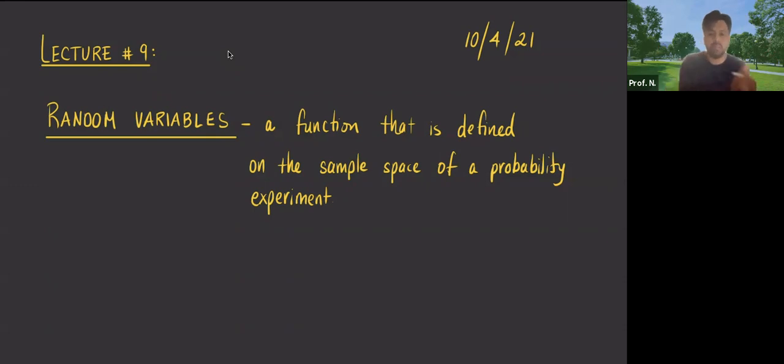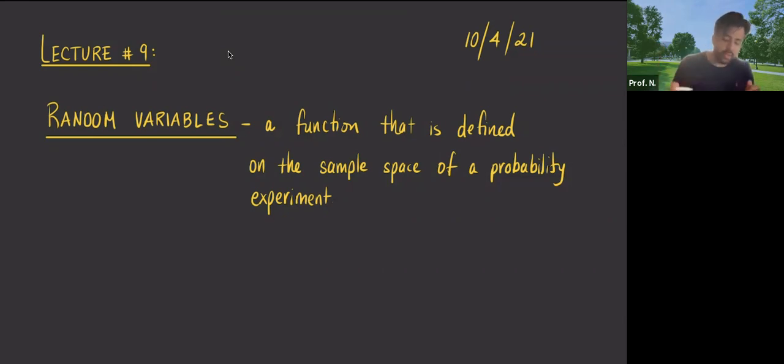And we already know that probability experiments have what are called sample spaces, and sample spaces consist of all the possible outcomes of this probability experiment. In a sense, we've been dealing with random variables up to this point without actually saying so. But now we're explicitly saying we're going to be dealing with random variables.